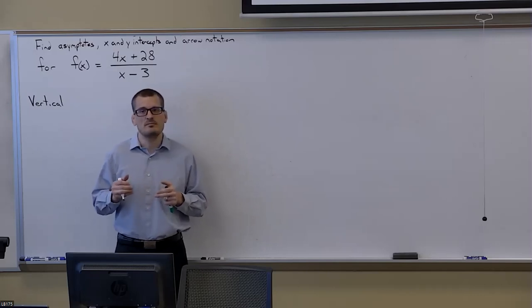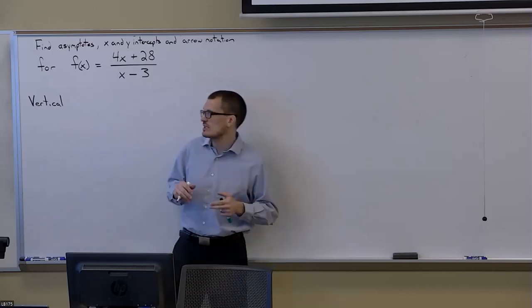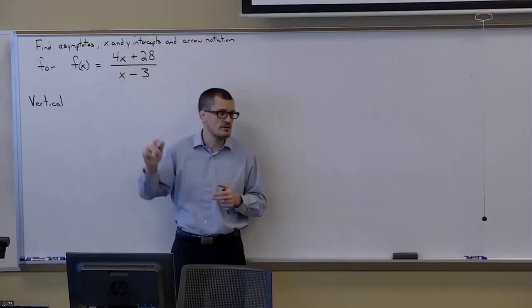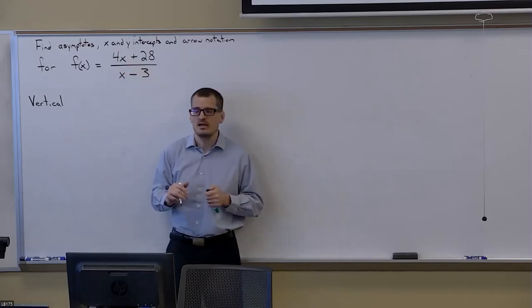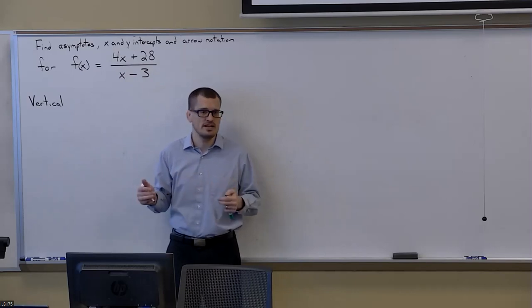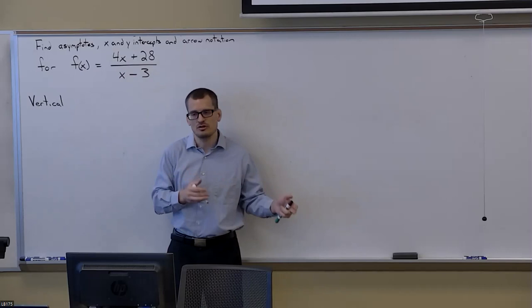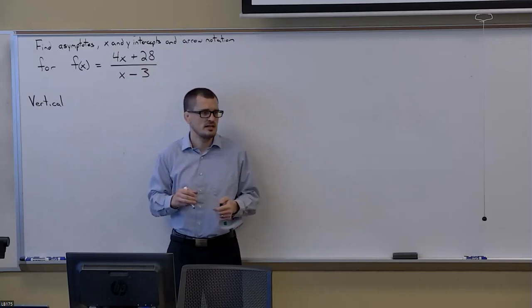A lot of the problems in this section are linear over linear. But if your polynomials are of higher degree, then you just turn back to what we did in earlier sections. Does that make sense to solve for 0?